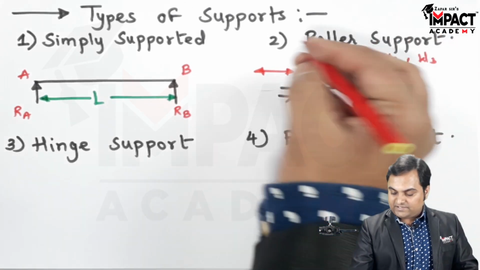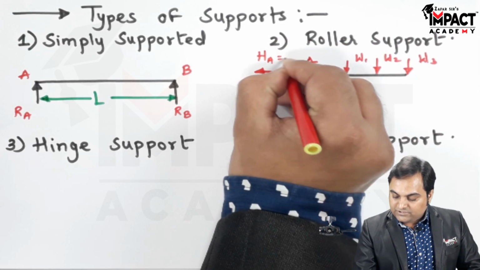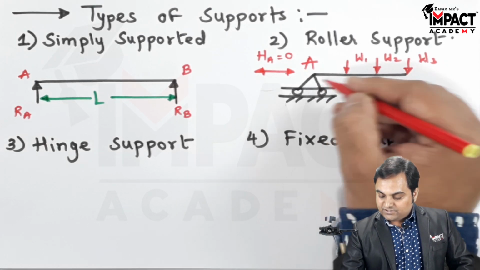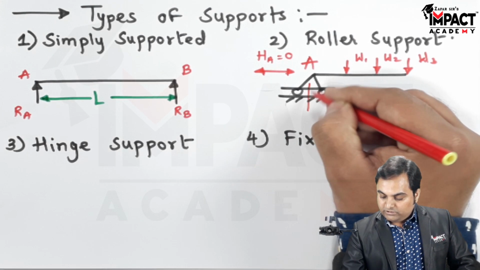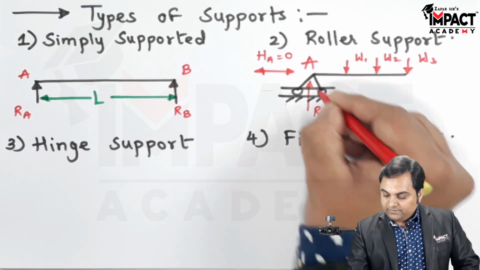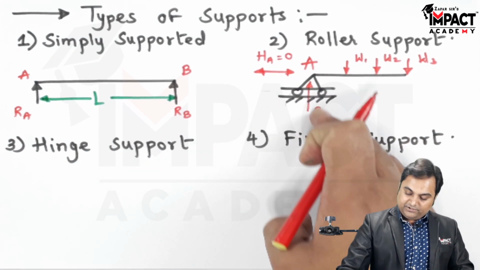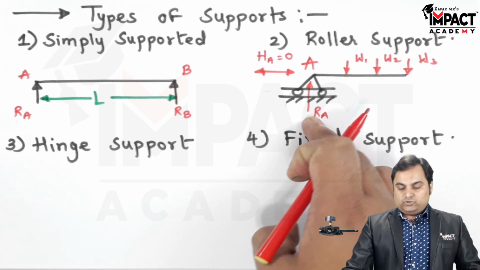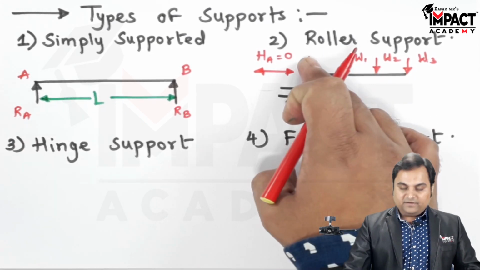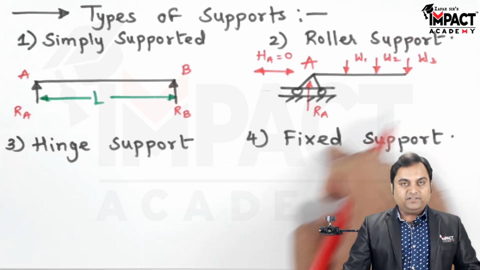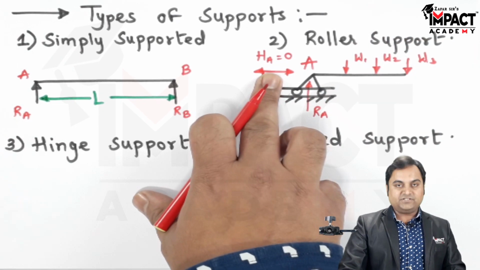So the horizontal reaction HA at A is 0, whereas the vertical reaction, which would be called RA, would be there. That is, this roller support cannot move in the downward direction, so there will be a vertical reaction offered in response to the loads acting in the downward direction, whereas the horizontal reaction is 0.